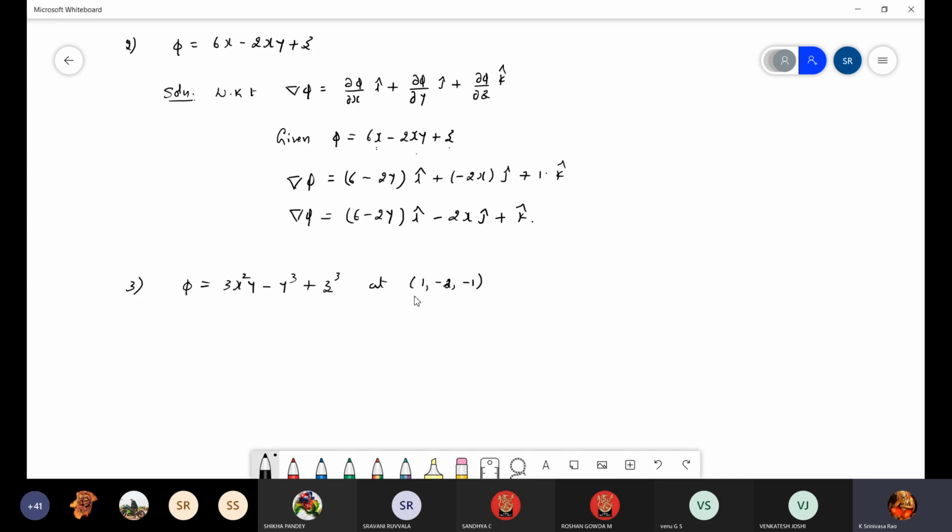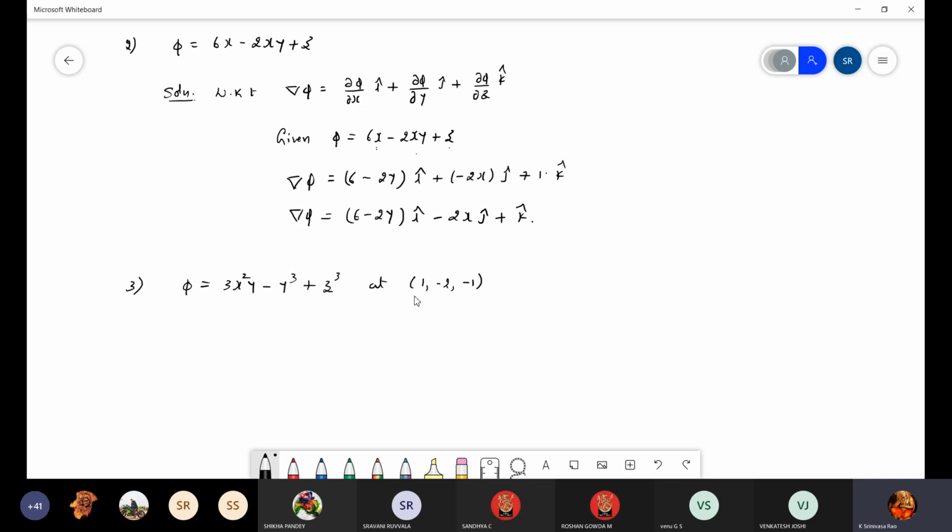Three numbers they will give: 1 comma minus 2 comma minus 1. The triplet is nothing but the first one always for x, the second one for y, the third value for z, meaning x equals 1, y equals minus 2, z equals minus 1, that you have to substitute at the end of the solution.